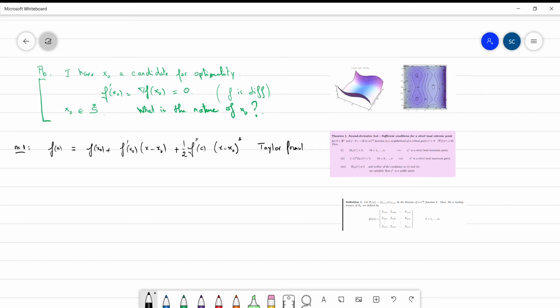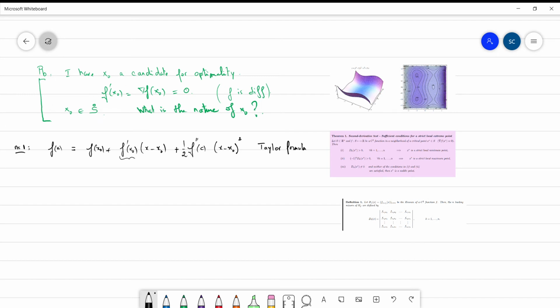It's not our purpose to enter into details, but we can prove it, and it's feasible. Now suppose that I have this assumption that the derivative is 0.